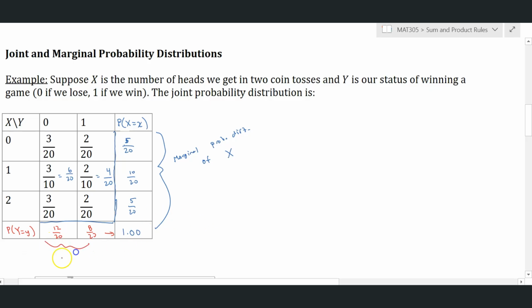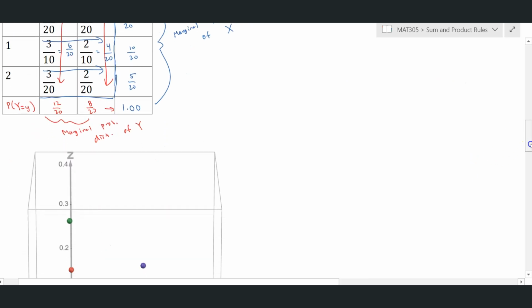And so what we have down here is the marginal probability distribution of the random variable Y. Notice that to get the probability distribution of X, we just summed across the values of Y. To get the probability distribution of Y, we just summed across the values of X. Again, just to delineate how these are done, we're summing over the other variable to eliminate it from the picture.